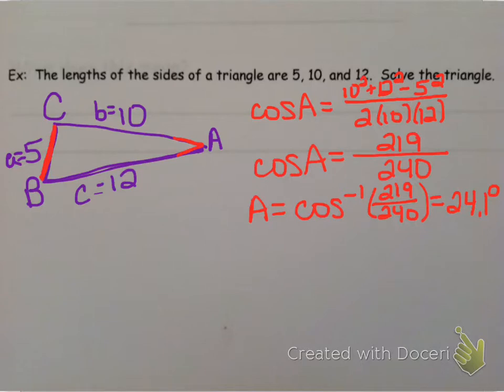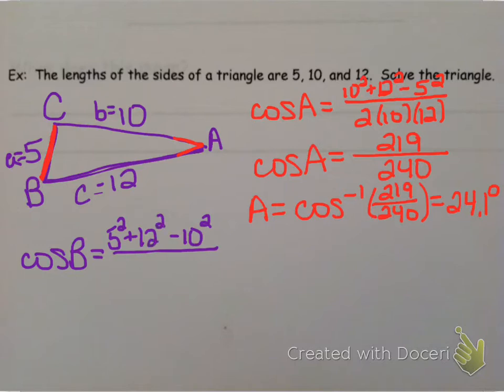Okay, so hopefully you paused it and you tried to set up B. So I'm going to do cosine of B is equal to, if I'm looking for angle B, the only place side B gets used is as the subtraction at the end of the numerator. So the 5 and the 12 are going to get used everywhere else. So I'm going to have 5 squared plus 12 squared, and 2 times 5 times 12.